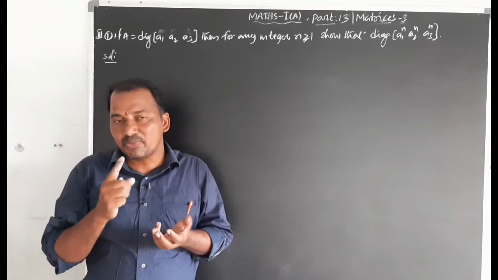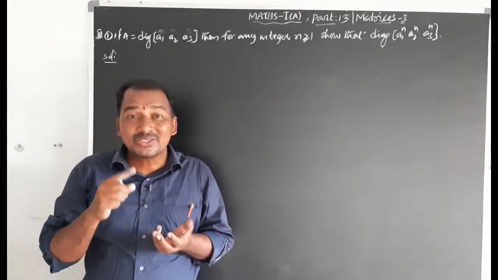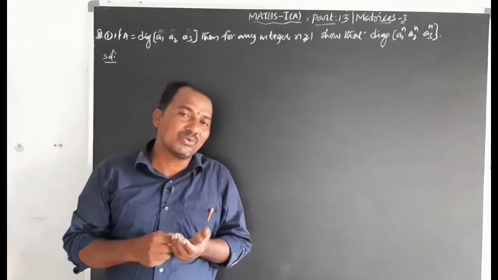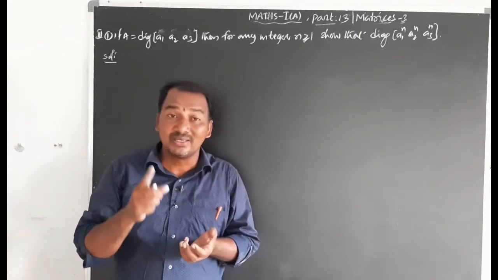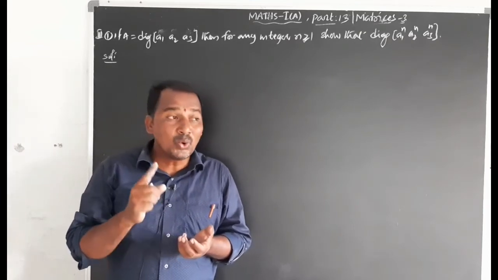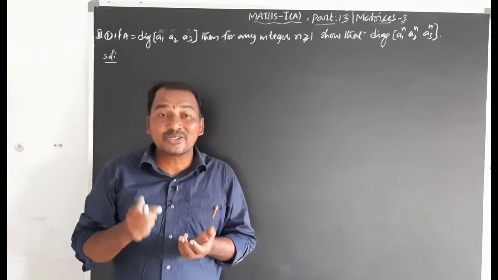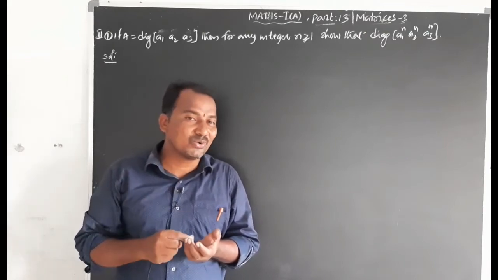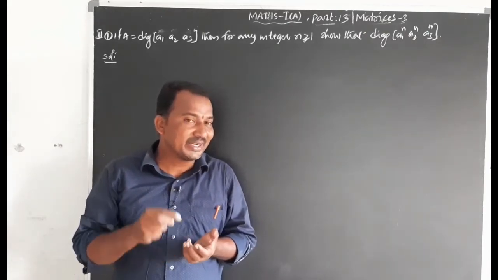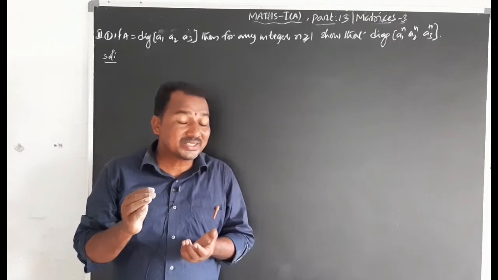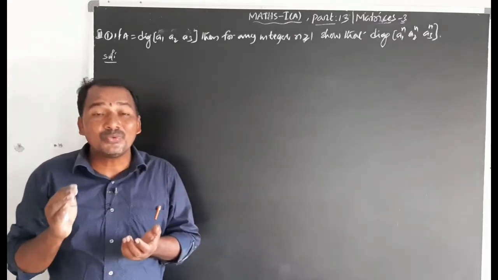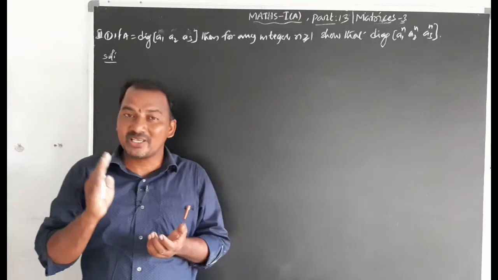Step 1, true for n equals 1. Step 2, assume that it is true for n equals k. Step 3, show that it is true for n equals k plus 1.